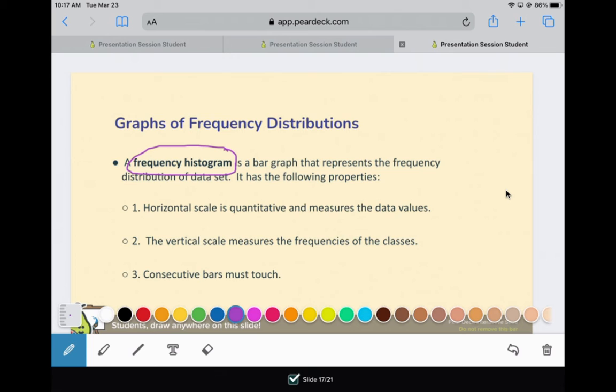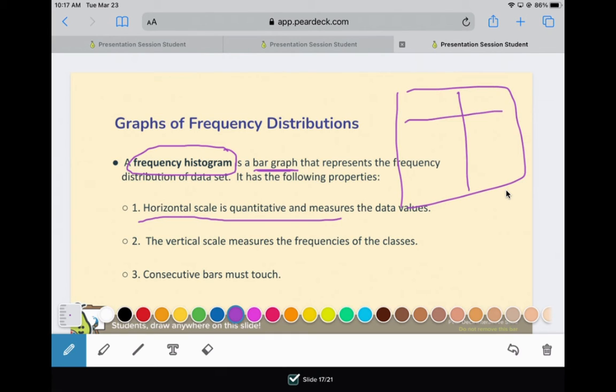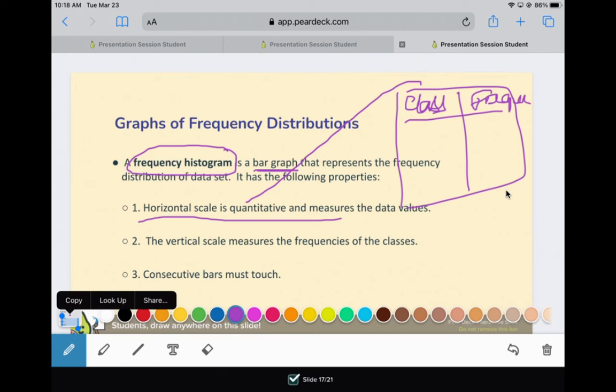A frequency histogram is a bar graph. The horizontal scale represents, so think about the frequency table, you have the class, and then you have the frequency. The horizontal represents the class, and the vertical scale represents the frequency.